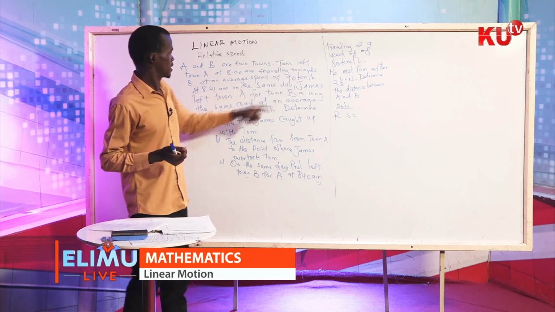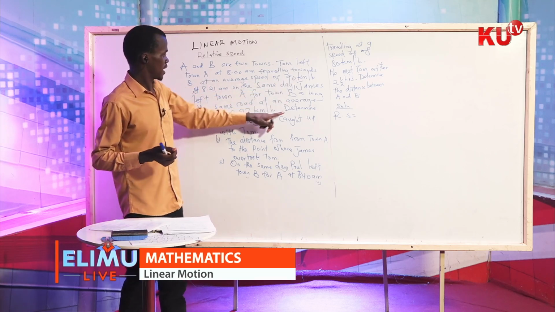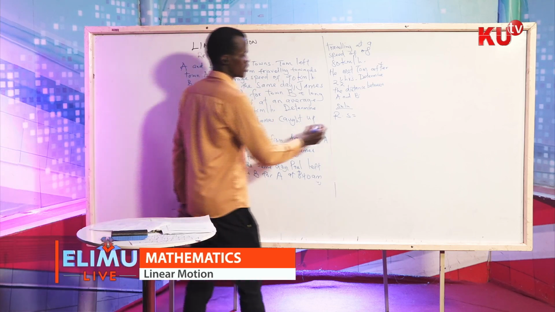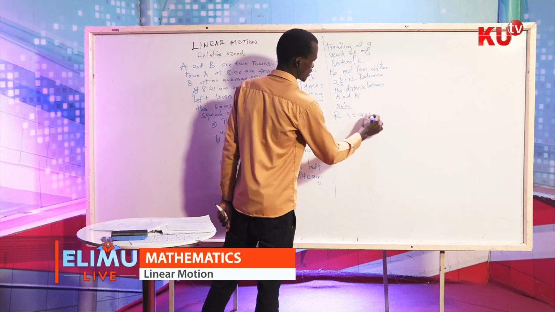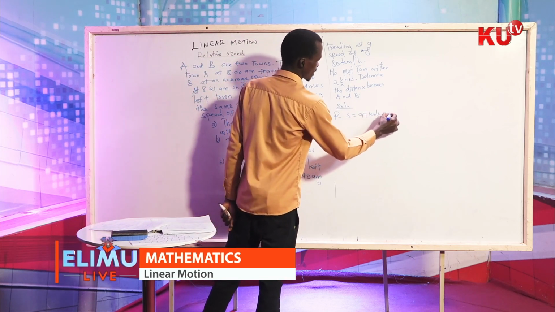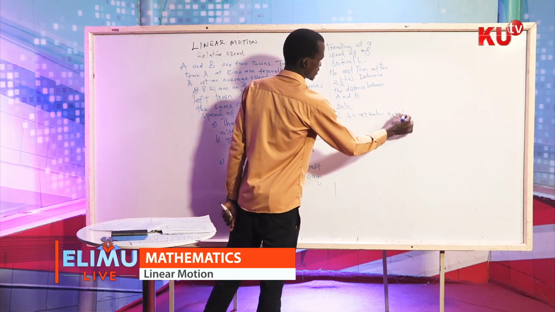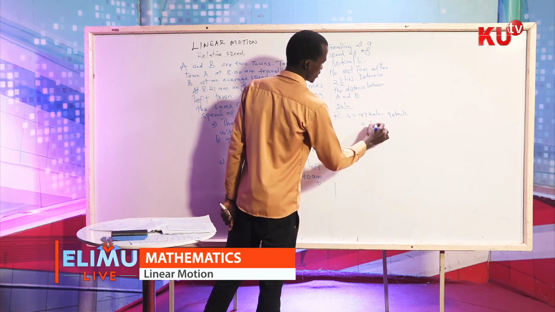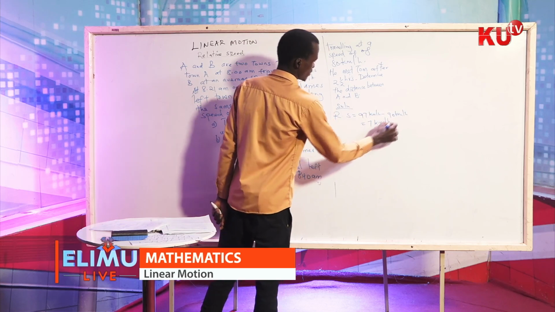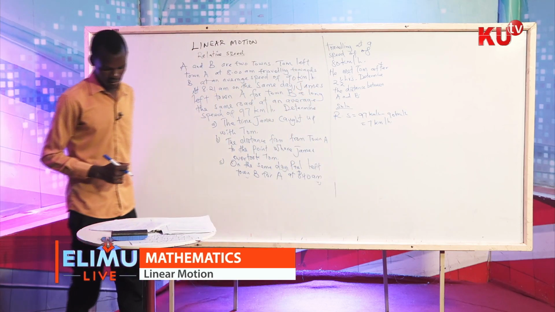Tom is traveling at 90, James is traveling at 97 kilometers per hour. So 97 minus 90 gives 7 kilometers per hour. That is the relative speed.